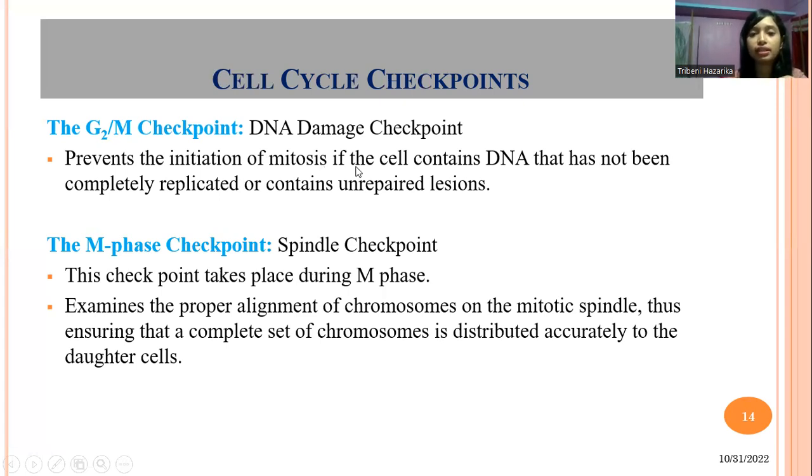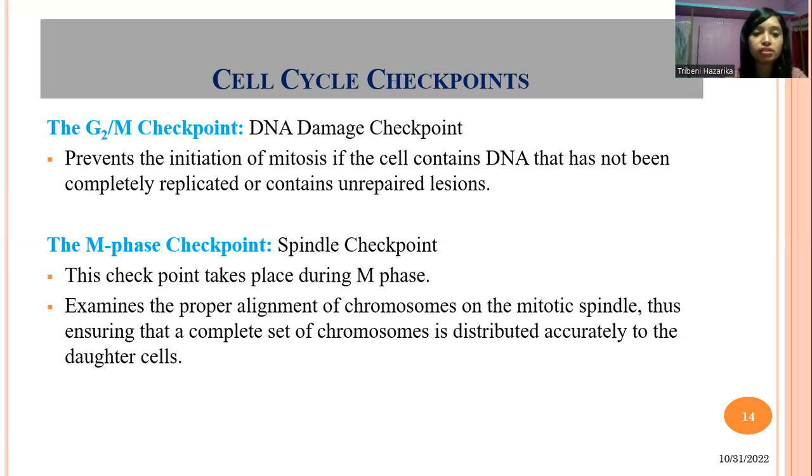And the G2 checkpoint also checks the synthesis of a most important protein called tubulin, which helps in the formation of the microtubules or the spindle fibers. So this synthesis of protein is checked by the G2/M checkpoint.